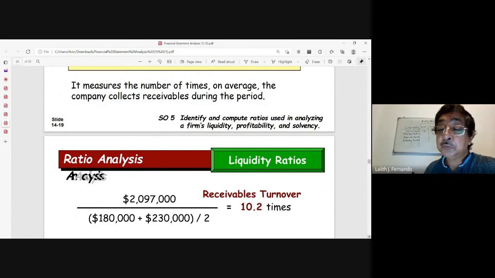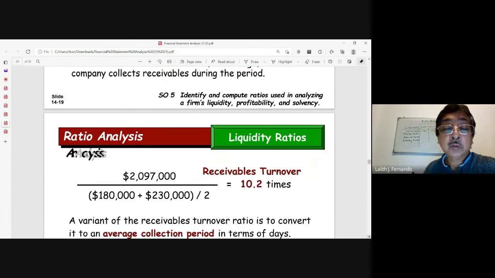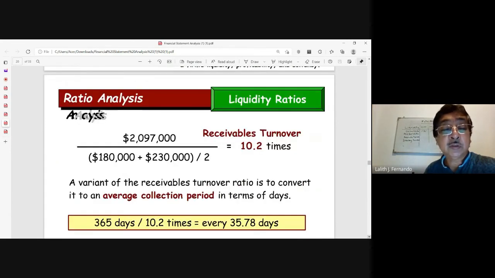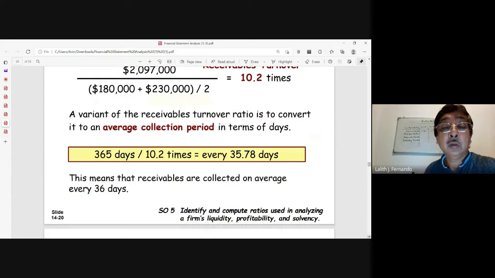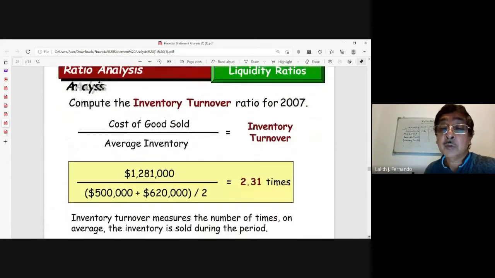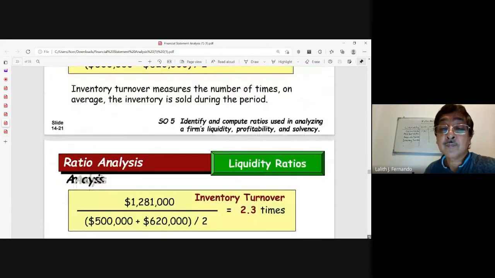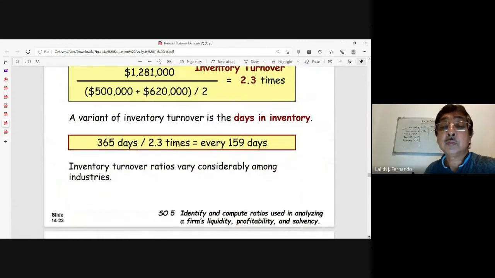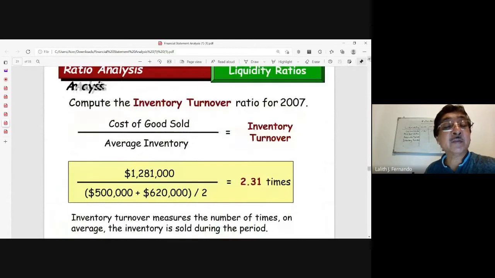So what you need to do is divide 365 by the turnover, then you can get the number of days.